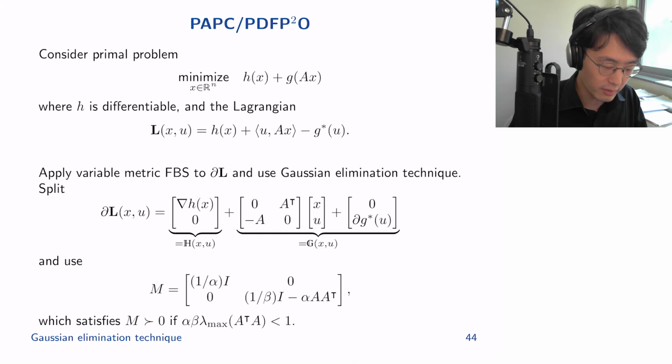So here the off-diagonal blocks are 0. Here this part is diagonal, but this part is not diagonal. This metric matrix M is strictly positive definite under the condition that alpha beta times lambda max of A transpose A is less than 1. This condition is equivalent to saying that this lower right-hand block is positive definite.